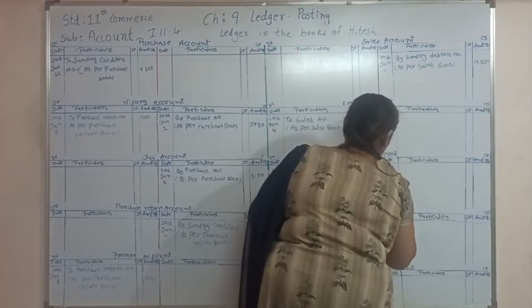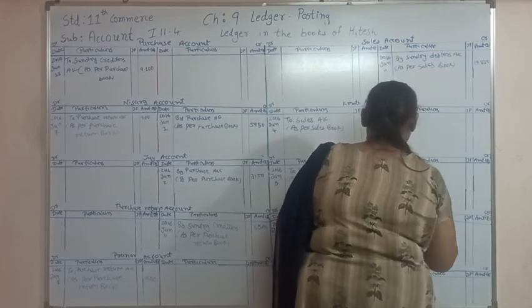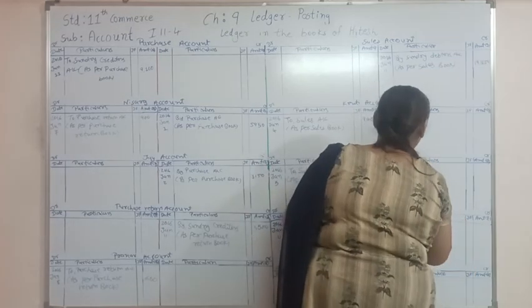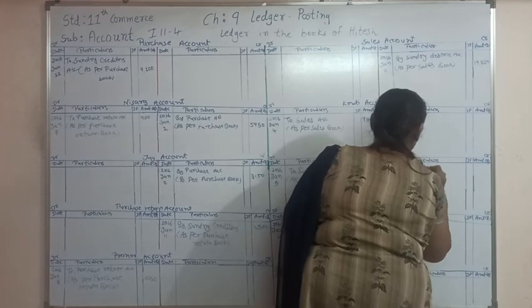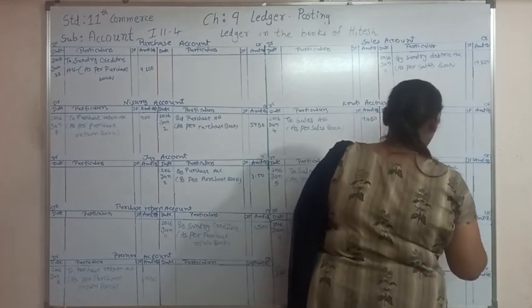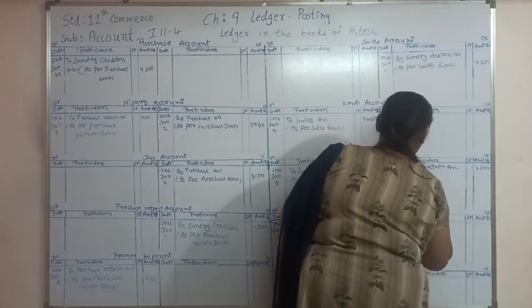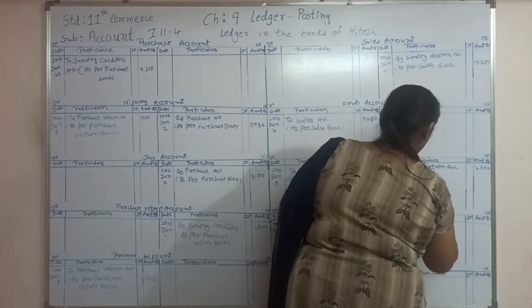2016 January 10 by sales return account, and the amount will be 2,000 as per sales return book.